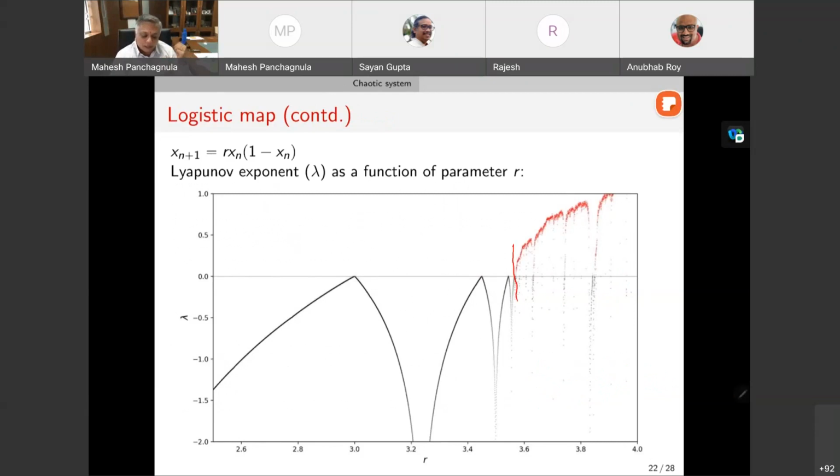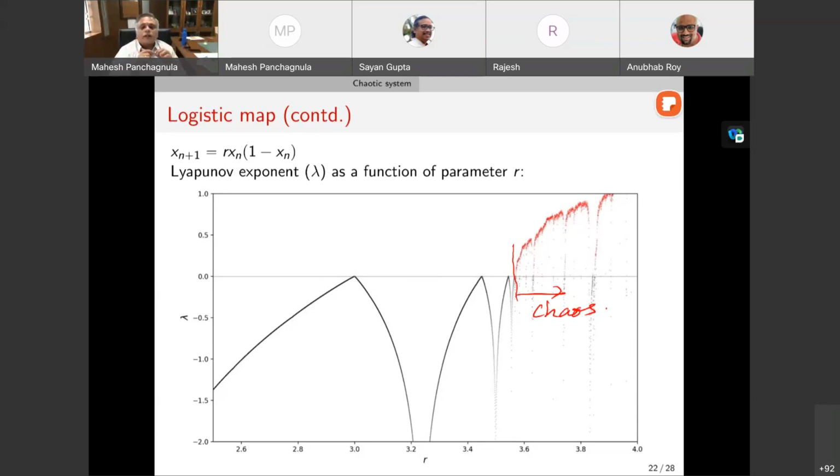And there is a critical value beyond which lambda becomes large and positive. So this separates the region where one would expect chaos. So in other words, beyond a value of 3.6, let us say, wherever I start on the initial condition space, they are going to diverge at some long enough time and exponentially fast.